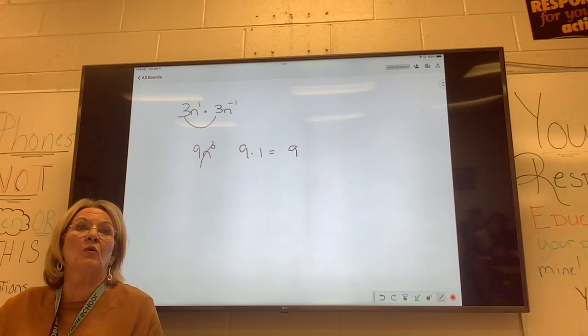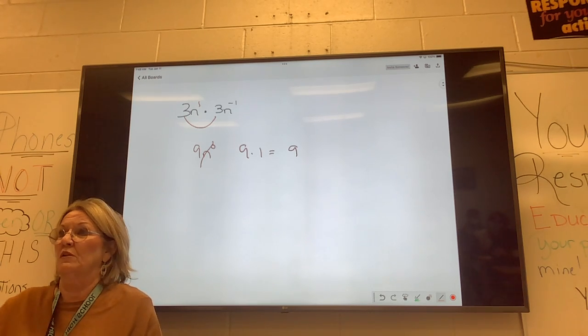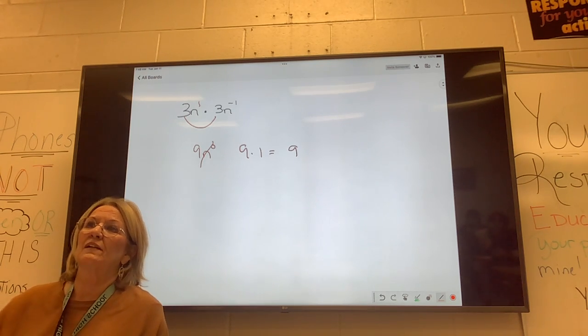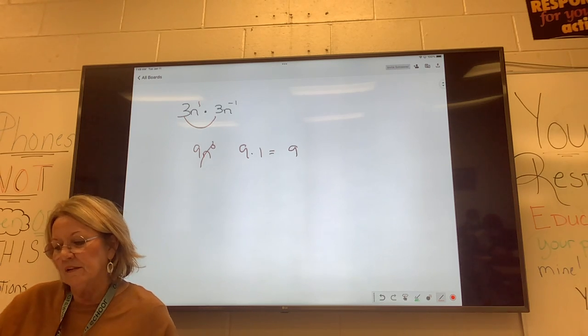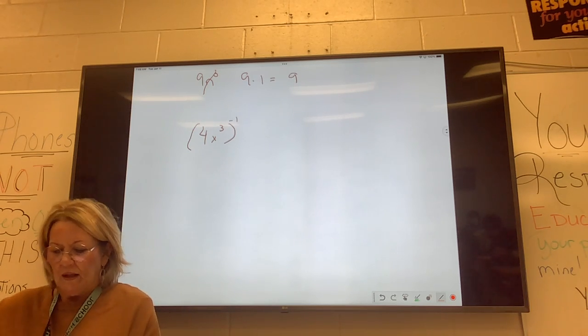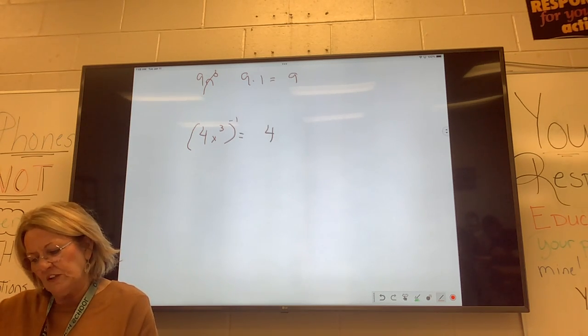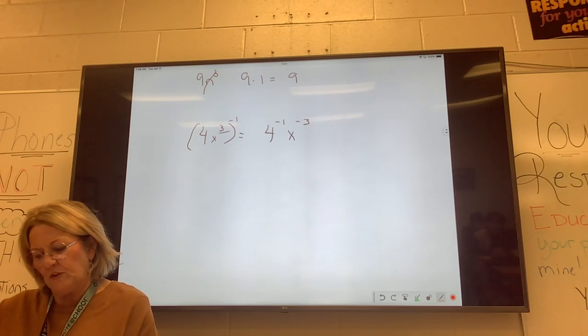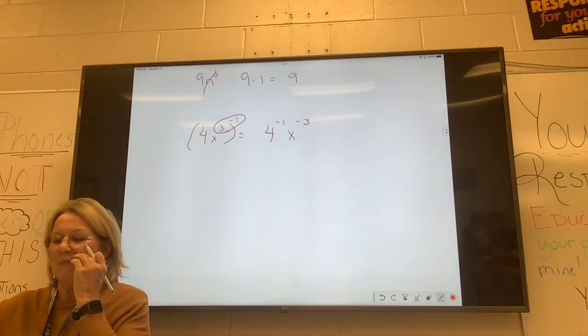Do I need to work any more in 1 through 24? Anybody else have a question? Number 9. Okay, I have 4x cubed to the negative 1. That means I have 4 to the negative 1 and x to the negative 3, because a power to a power you multiply, right?